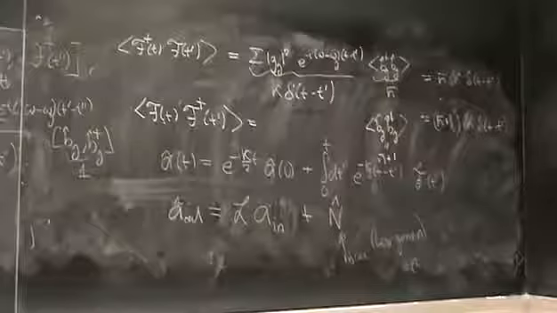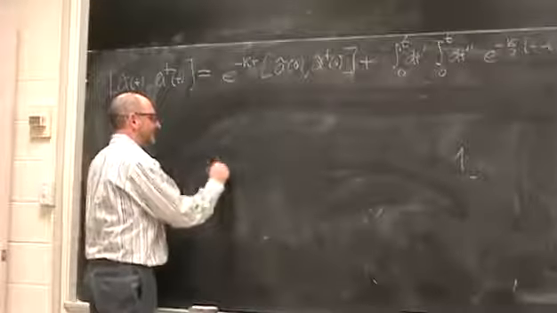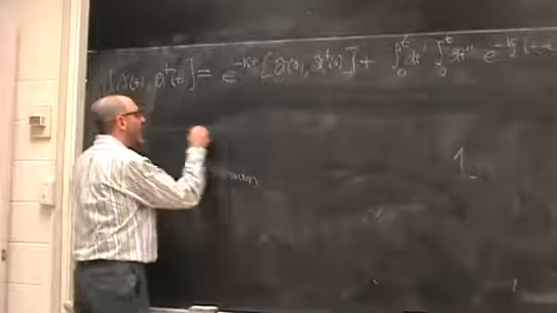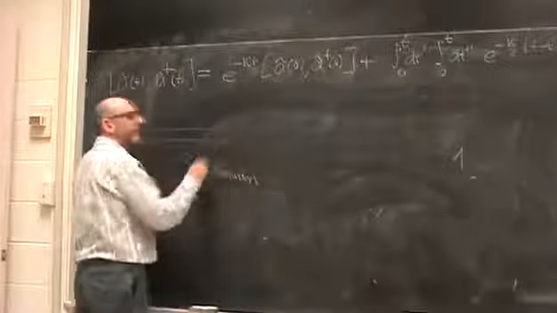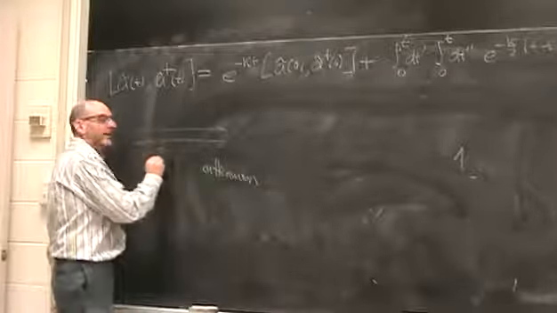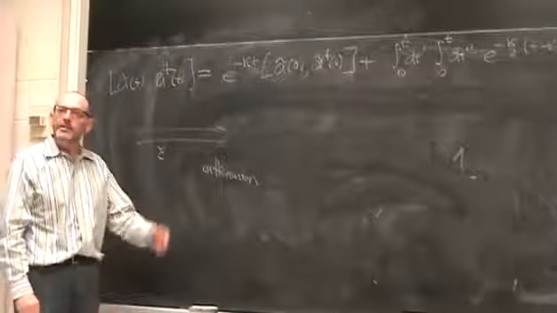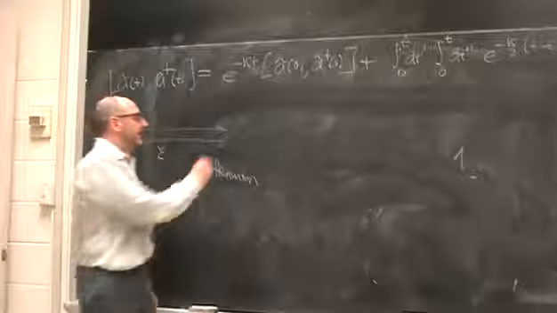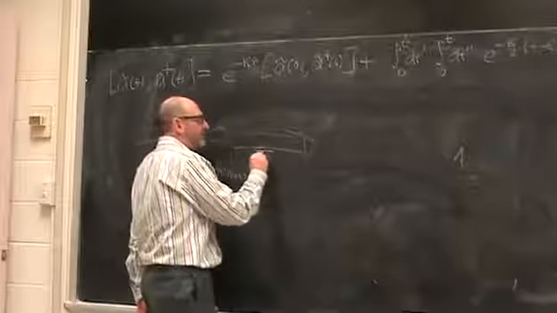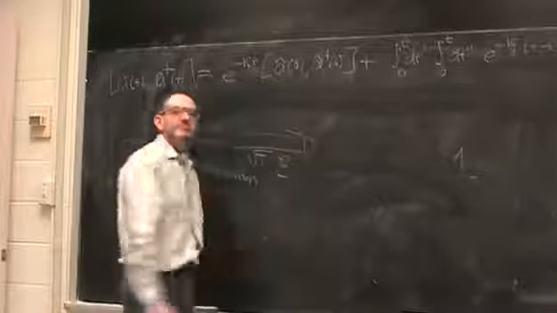Suppose I have a beam splitter. A beam splitter is an attenuator. If I send a laser beam on this beam splitter, whatever amplitude I have here is attenuated. There's a square root of a transmission coefficient, say.